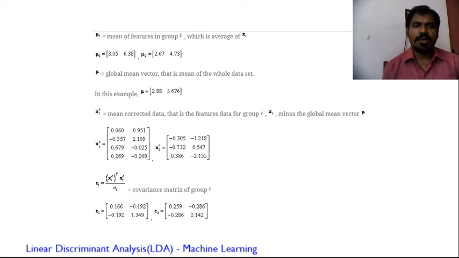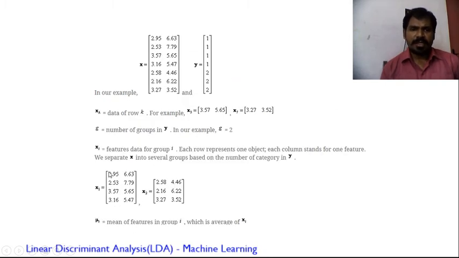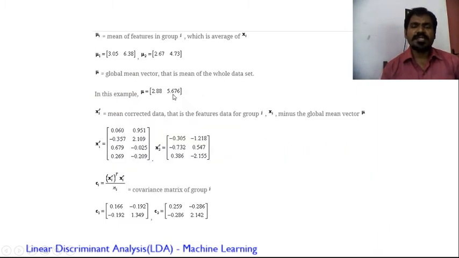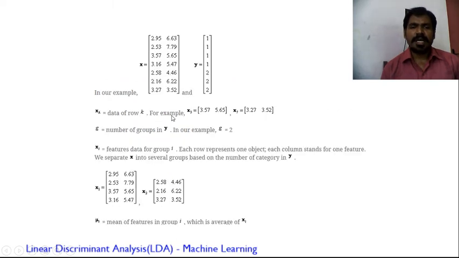Once this is done, we go on to find x1 naught and x2 naught. I subtract the global mean value from all the values: take 2.88 and subtract it from all the first column values of x1 and of x2, and take 5.67 and subtract it from the second column of x1 and of x2.